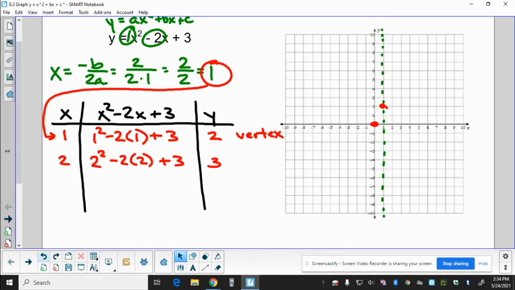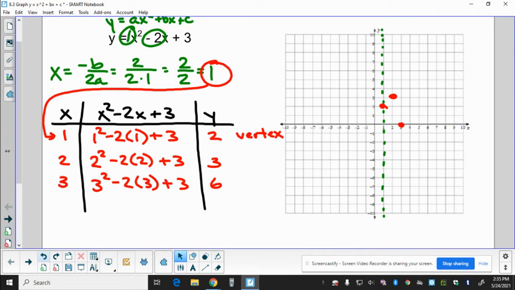Let's start there. Let's do our graphing. 2 to the right and then 3 up. And let's do one more point. How about we try a 3? So that'd be 3 squared minus 2 times 3 plus 3. All right, let's say that'd be 9. Minus 6 would be 3 plus 3 would be 6. So it's the ordered pair 3, 6.